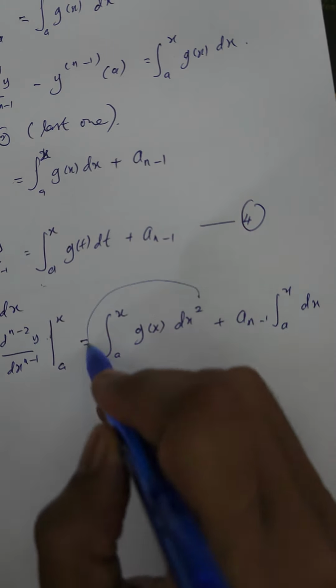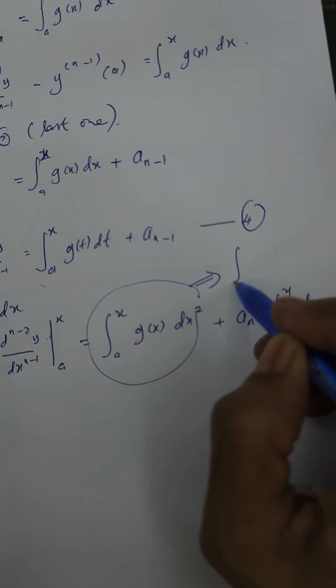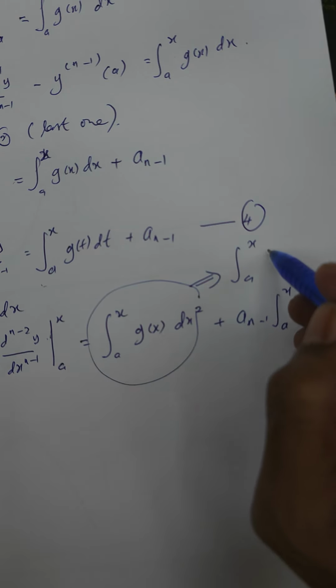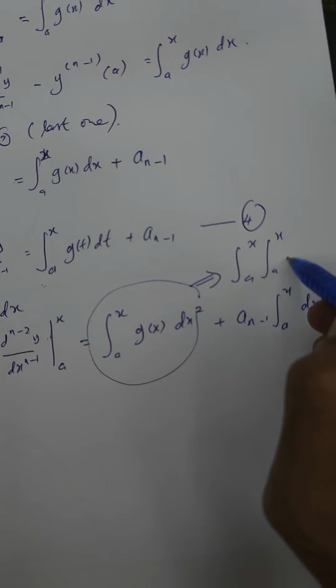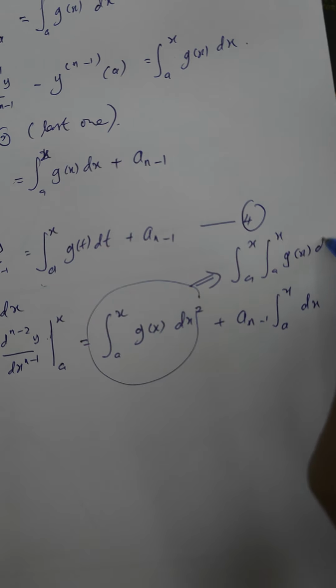So this means we integrate from a to x, integrate from a to x of g(x) dx dx. So we have dx squared there.